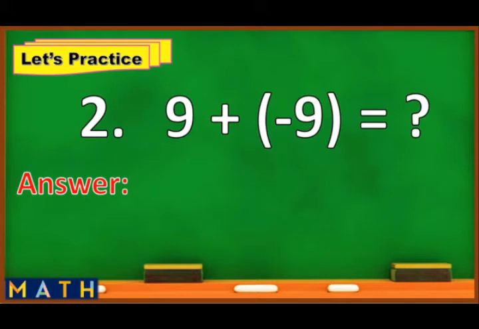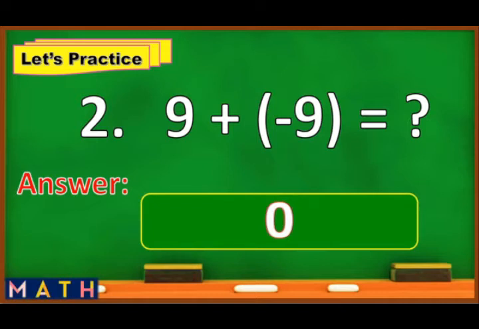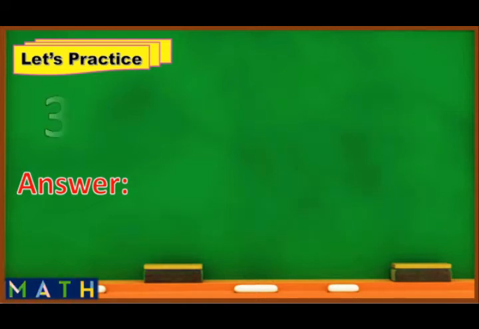For number 2, positive 9 plus negative 9, the answer is correct. It's 0. Remember that rule number 3 states that the sum of an integer and its opposite is equal to 0. Thus, 9 plus negative 9 is equal to 0.